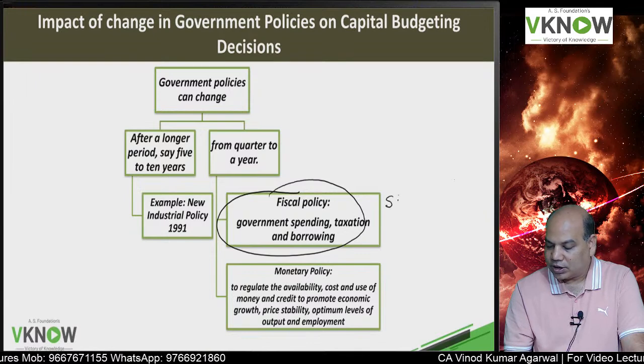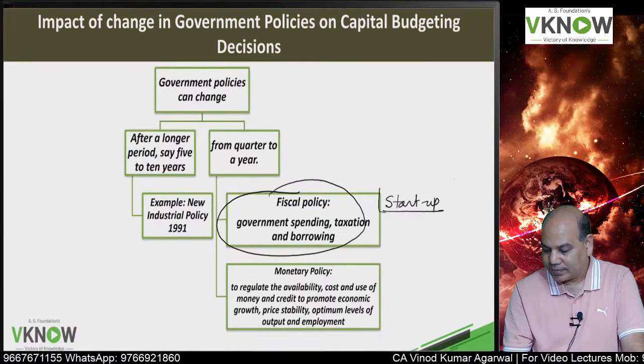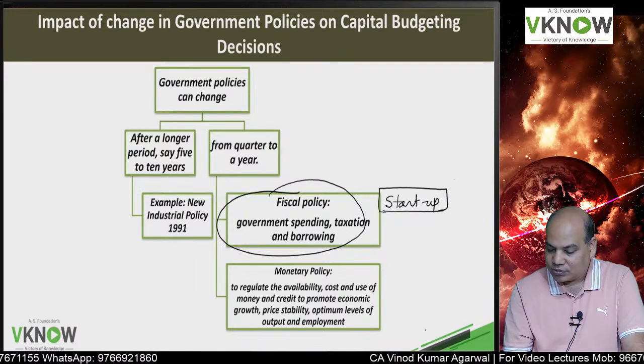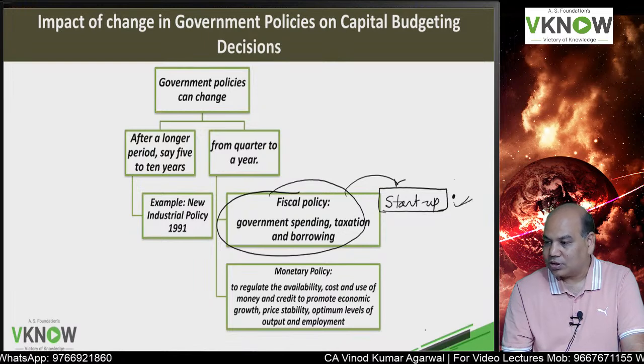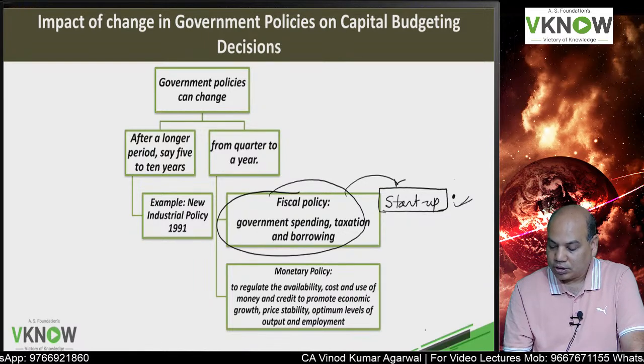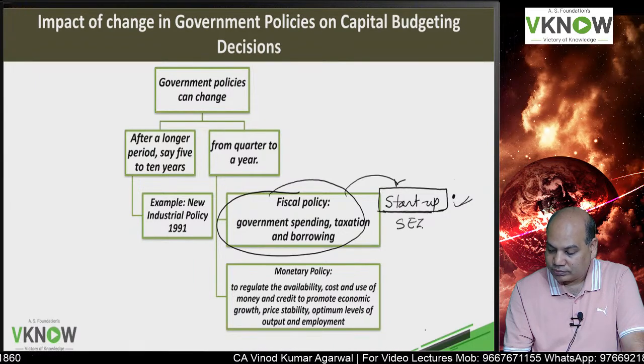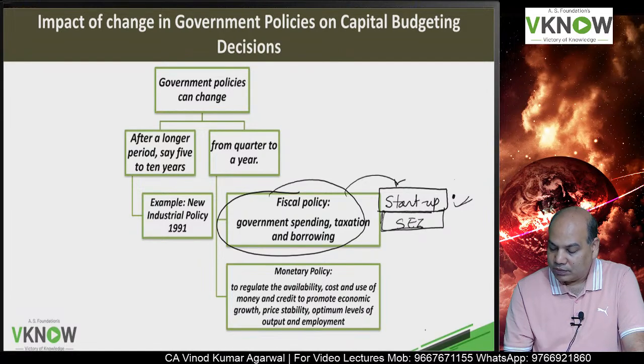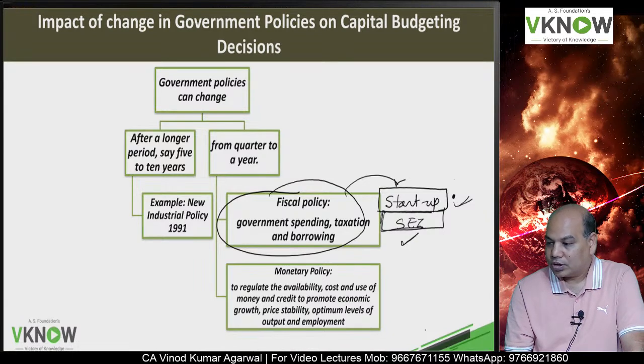Like the government has started giving incentives to startup companies. This was an example. More and more startups are now coming into India. Then you can quote SEZ policies, special economic zone policy, and recently they have given some more incentive.